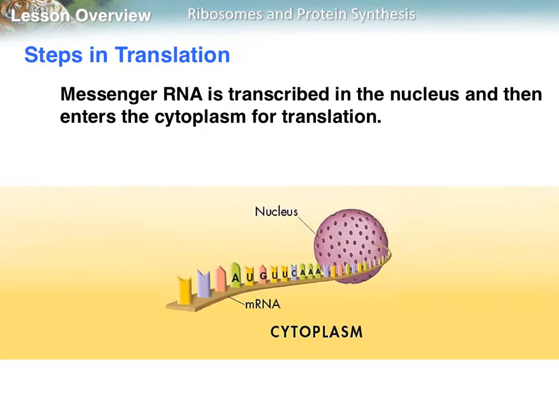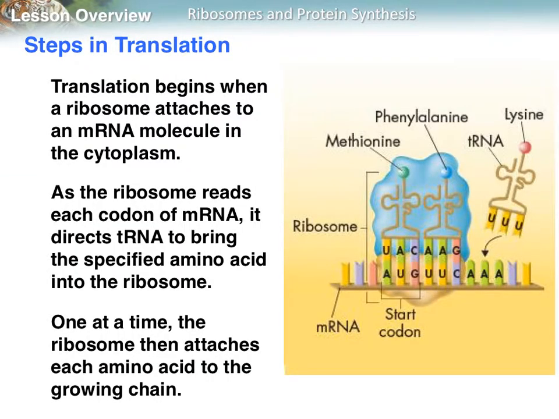So what are the steps in translation? Well, step 1, the messenger RNA is transcribed in the nucleus, and then it leaves the nucleus and enters the cytoplasm. Translation begins when a ribosome attaches to the mRNA molecule in the cytoplasm. So here's the mRNA, and here this blue thing is the ribosome.